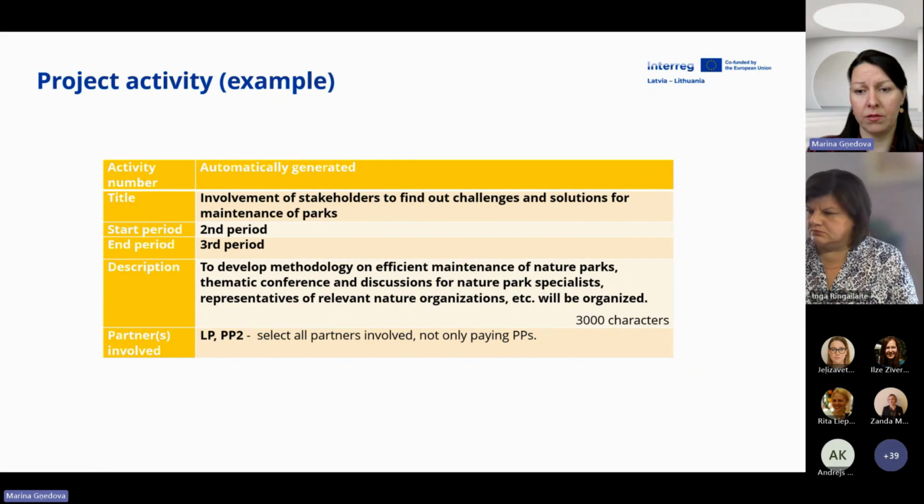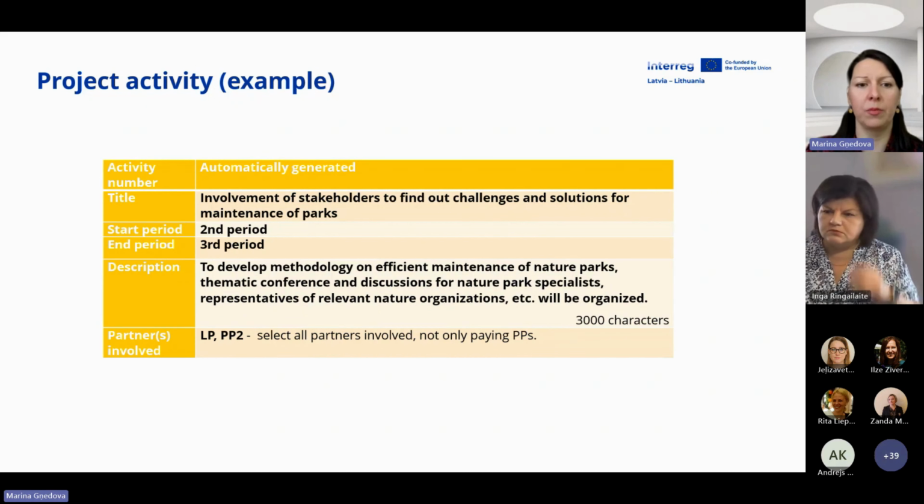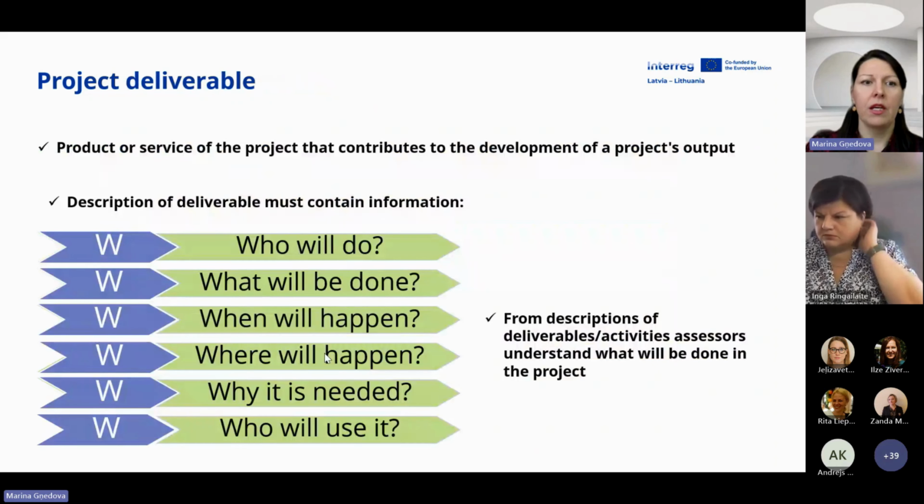Maybe it's sufficient actually to describe an activity. For deliverables, you will have less information. And for an activity, please select partners involved, not only partners who are paying, let's say, for this conference, but also who will participate, so that we understand which partners will be involved in a particular activity.